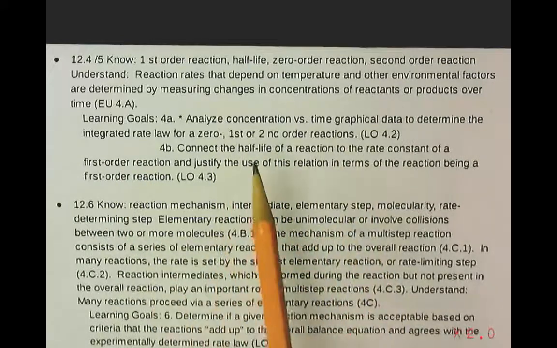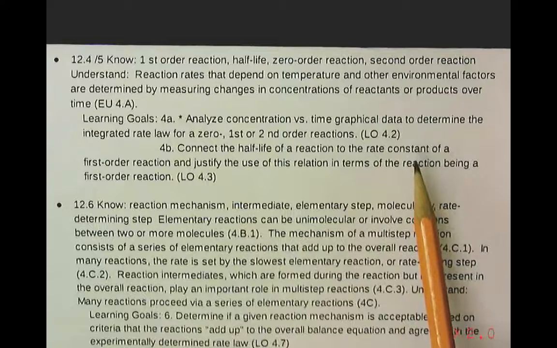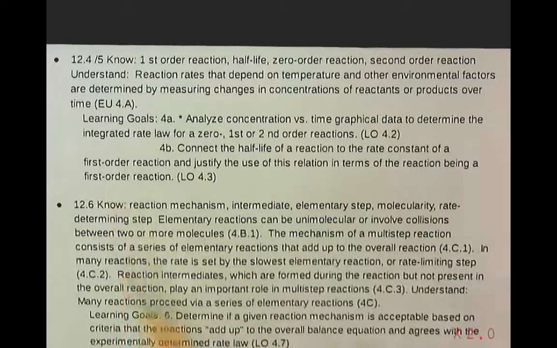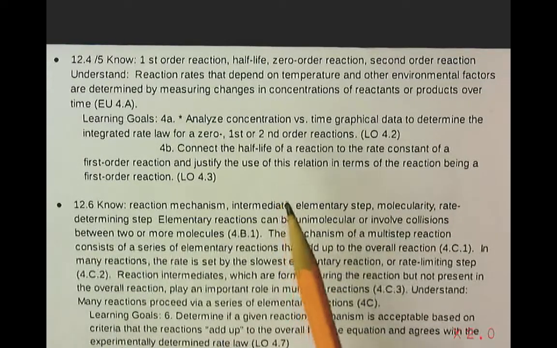And then you should also be able to connect half-life of a reaction to the rate constant, that's k, for first order, and justify the use of this relation in terms of the reaction being first order, which means it's not going to depend on the concentration. Okay, so these are your learning goals and the concepts behind Big Idea 4.